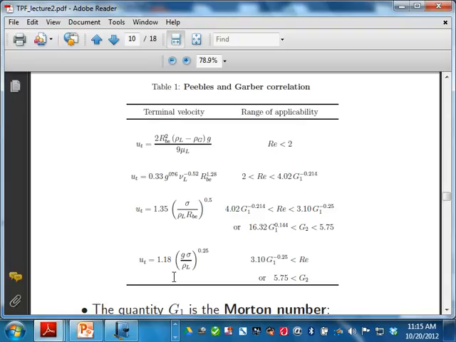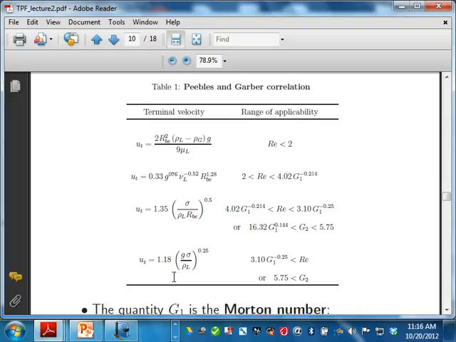Basically, I told you the top line is for small bubbles and progressively bigger bubbles. You notice of these four equations, which one does not have a bubble diameter or bubble radius inside? Last one. So you use the last one.